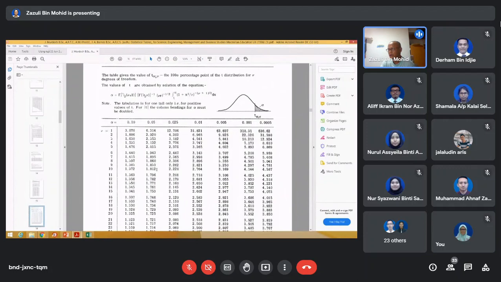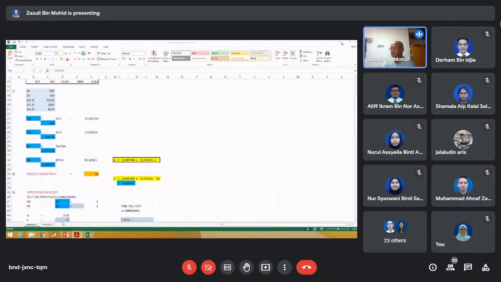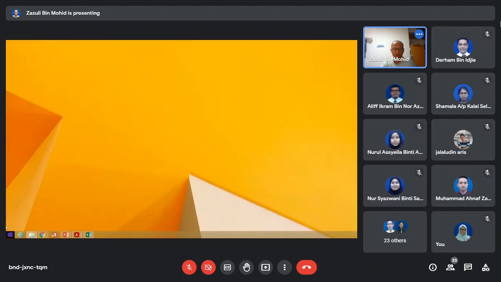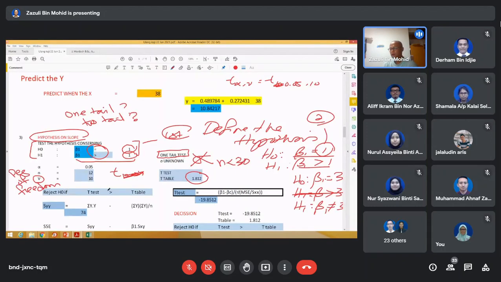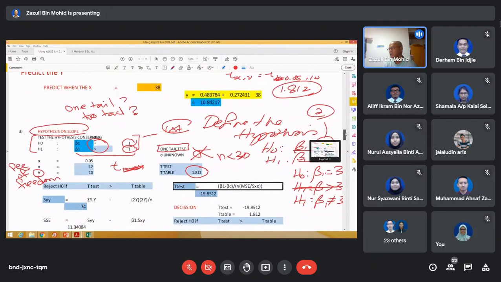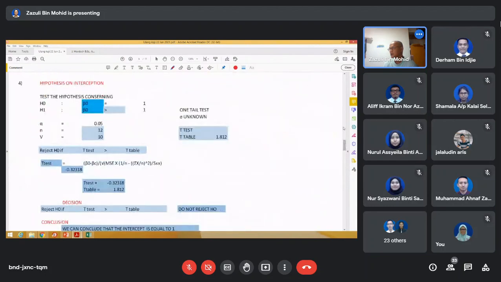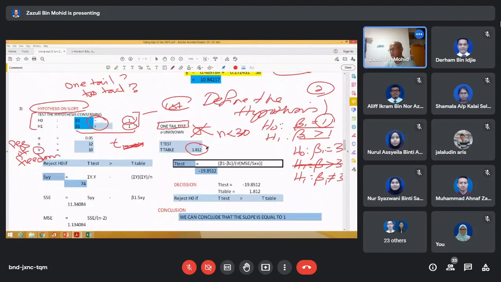So 1.812. You will have the value there, 1.812. So this 1.812 is used to judge the hypothesis.